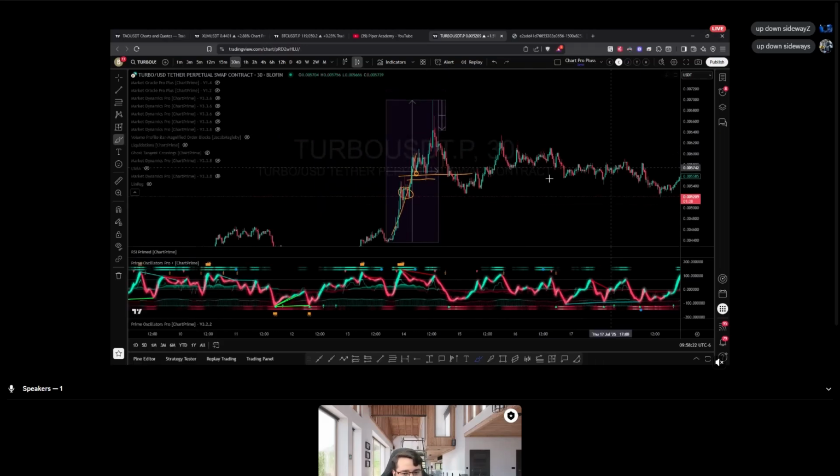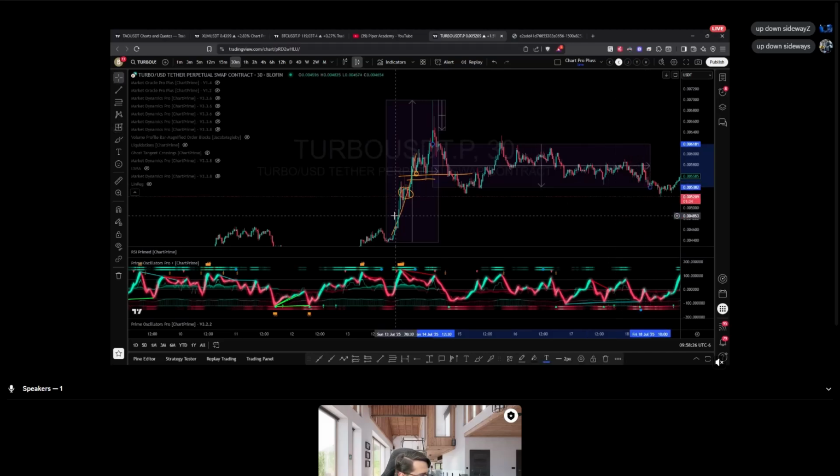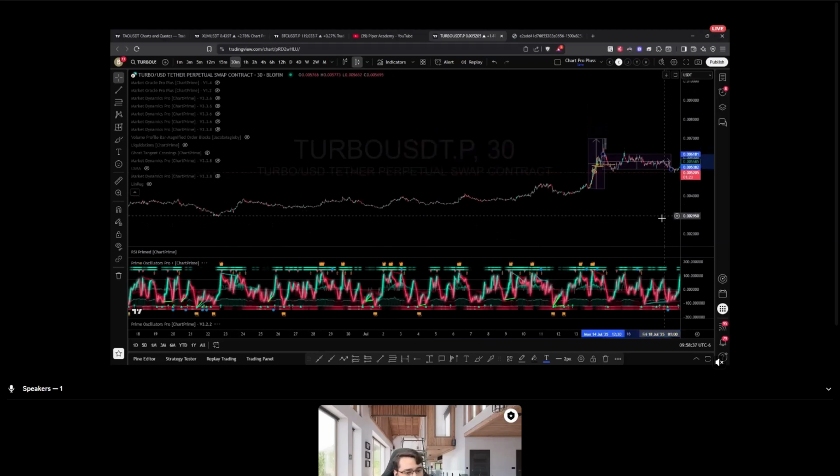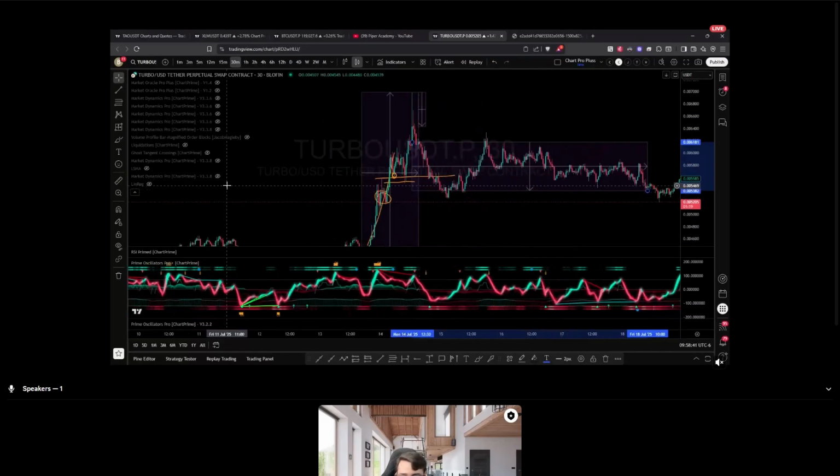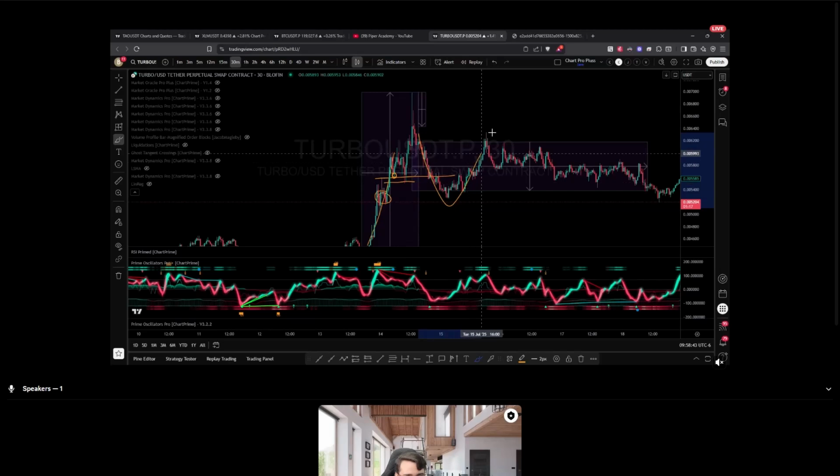So we're going from up to sideways. Right? So once again, in the sideways trend. And this is why I like to trade the bigger trend, because even when I'm in sideways ranging, I can actually do some very nice trades in here.